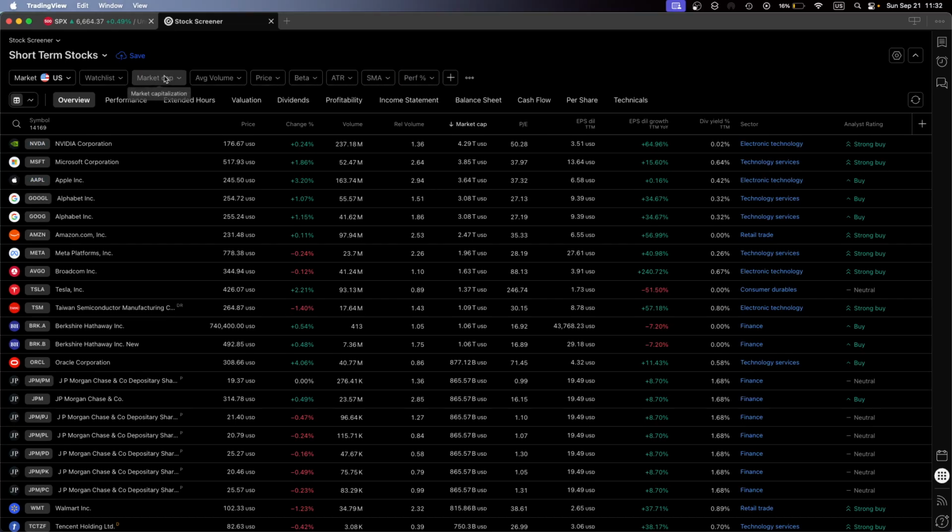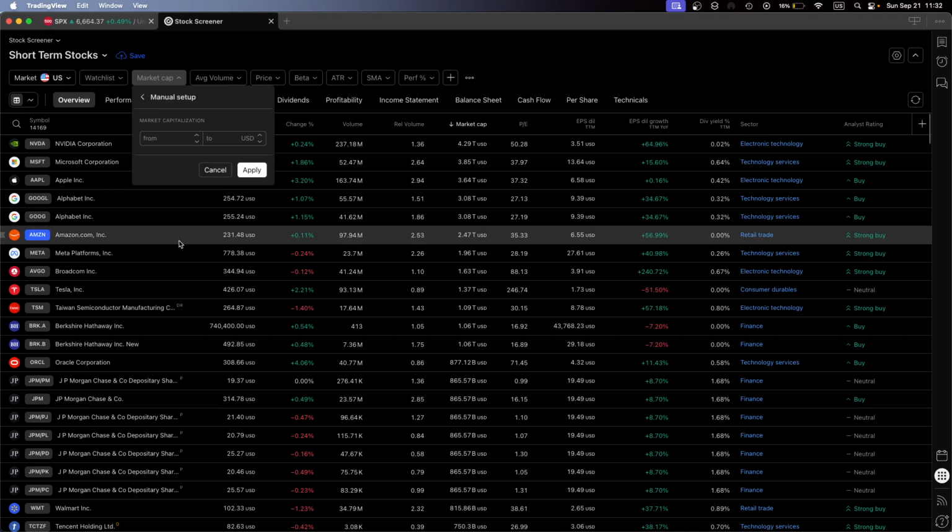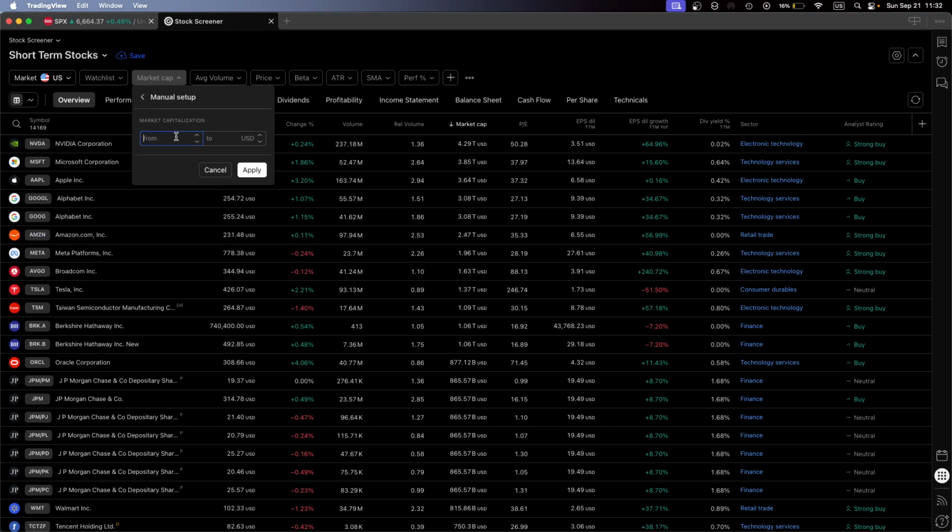Okay, so first one is market capitalization. So here when you press, you will have predefined values you can choose. We will go through manual setup where you can put exactly what you want. So we can just enter 500M, so it means 500 million.